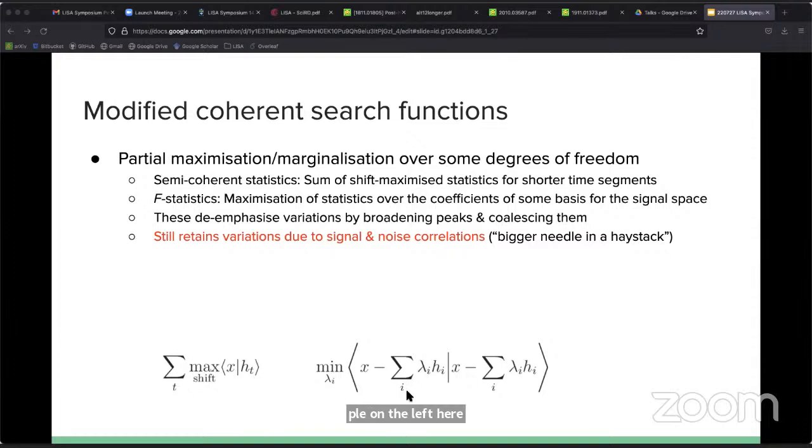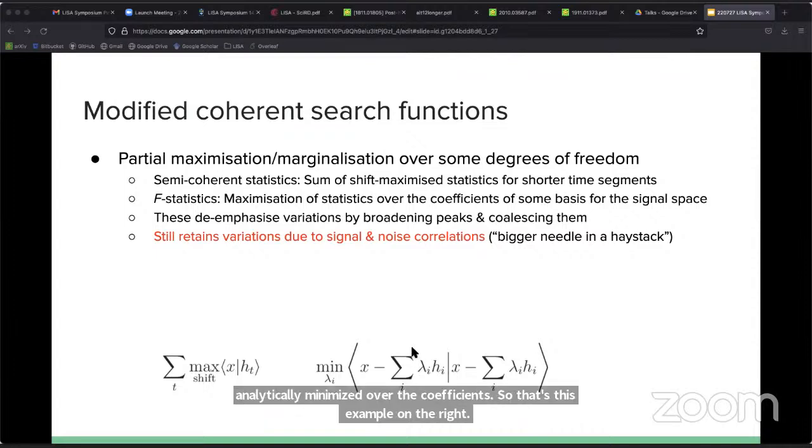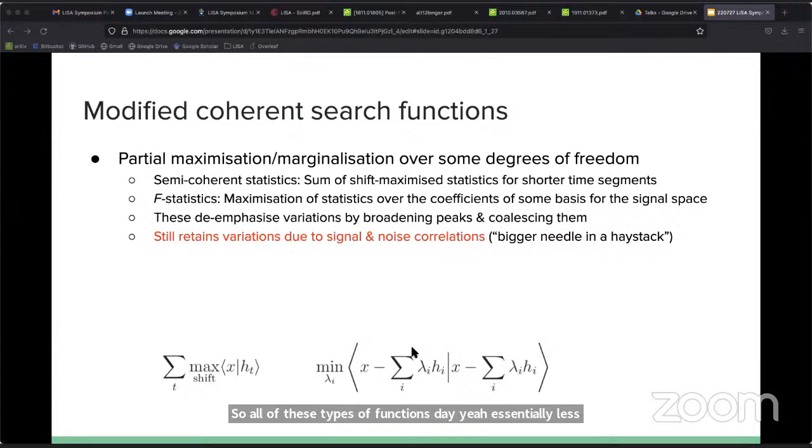Now, F statistics are another way to do this, where some basis for the signal space is considered, and then the data-template residual here is analytically minimized over the coefficients. So that's this example on the right. All of these types of functions are essentially less informative comparisons between data and template.